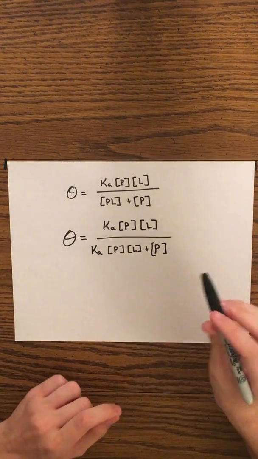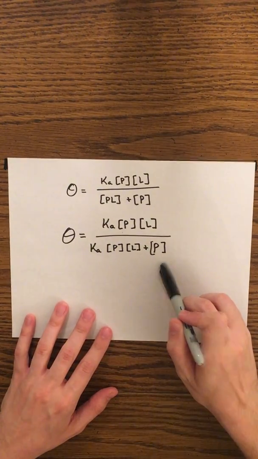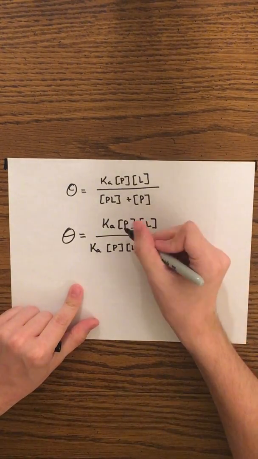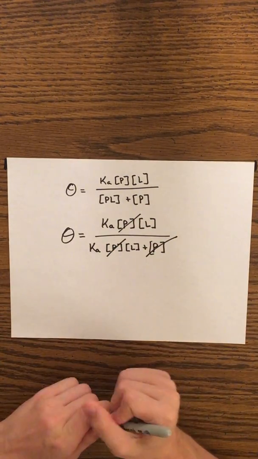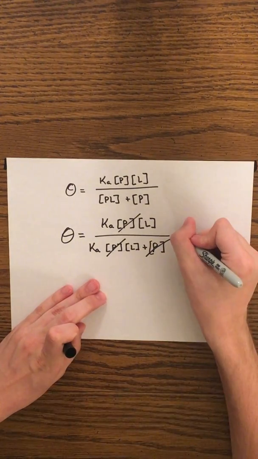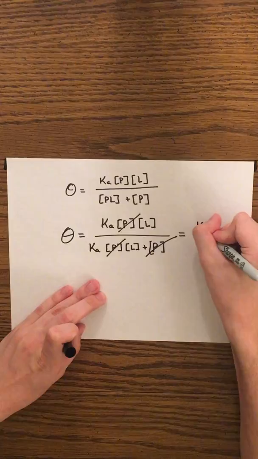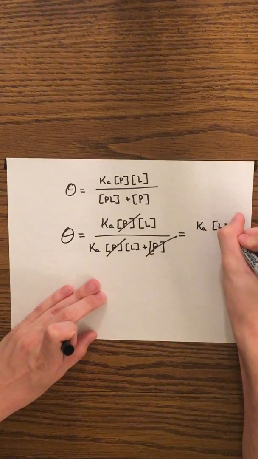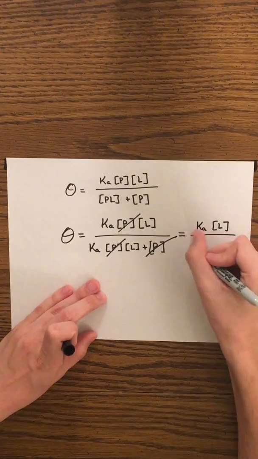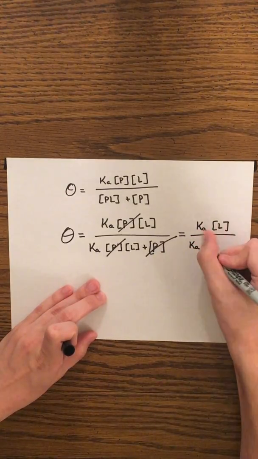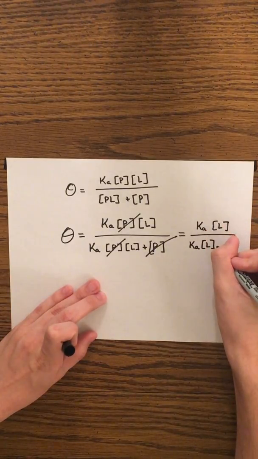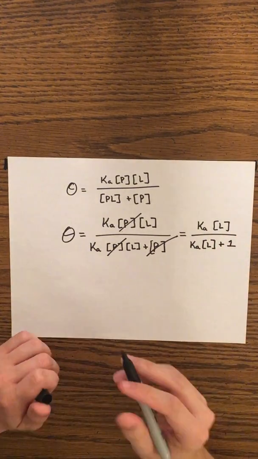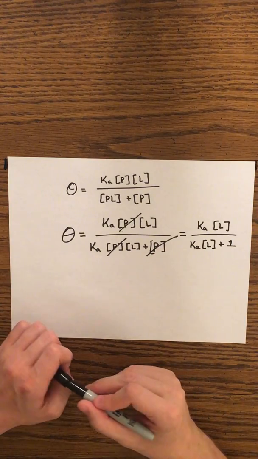Alright, so we've got some stuff that we can factor out here. So these P's, those will all go away, which will leave us with Ka L over Ka L plus 1.